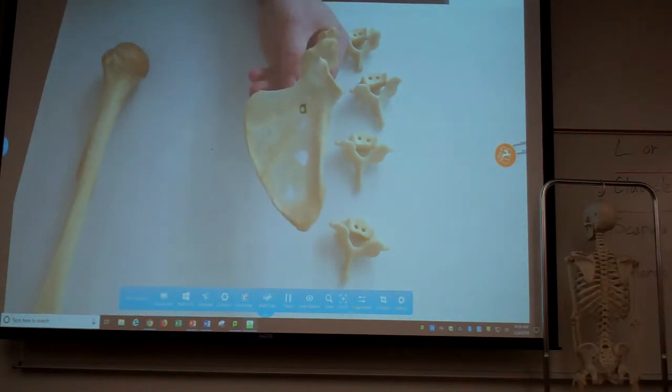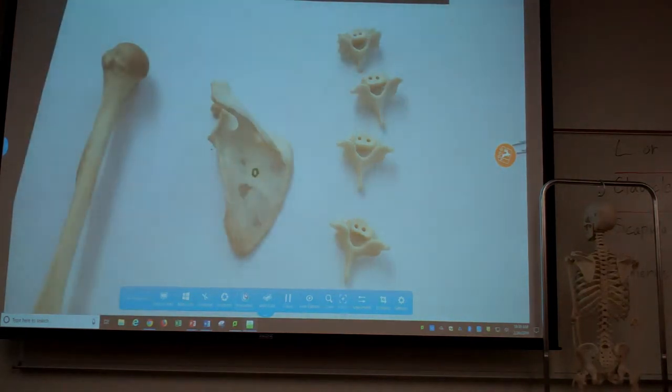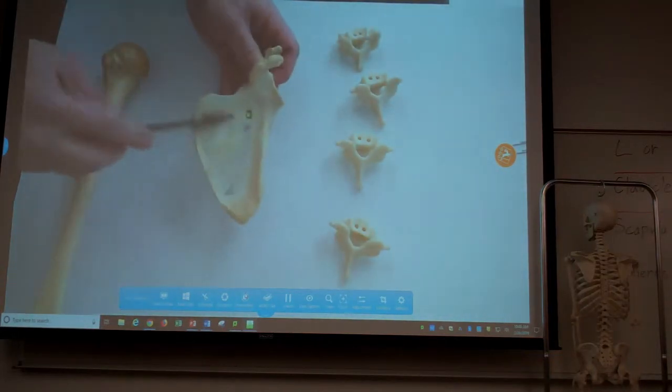If my rib cage is the ocean, oh no, yeah, kind of works. Rib cage is the ocean. Submarines go below the ocean, okay? But sometimes they have to come up for air. So since your scapula is kind of like a boat, like a submarine on top of the water before it dives down, subscapular fossa is going to be right here.